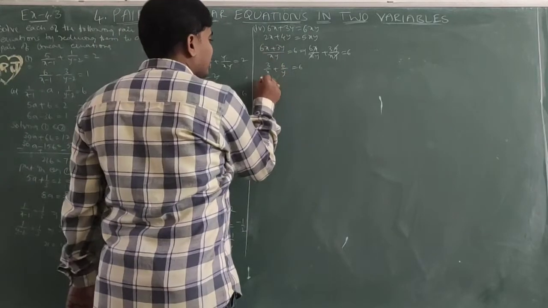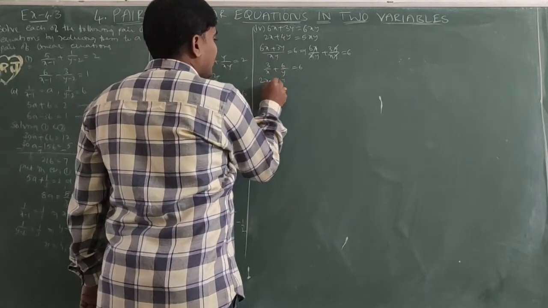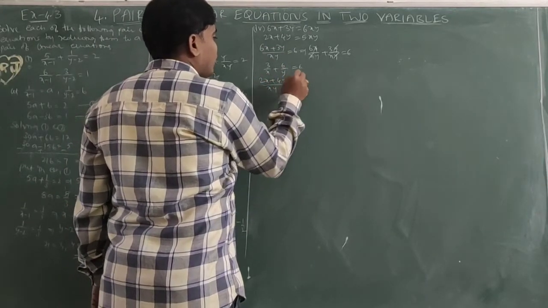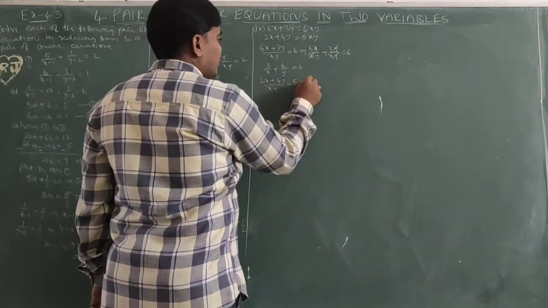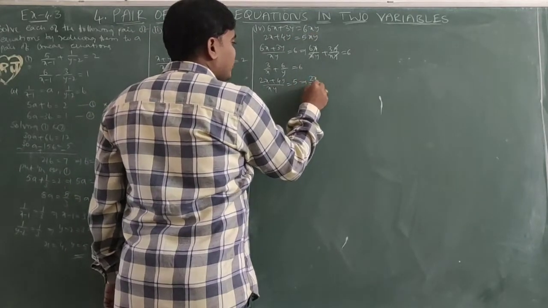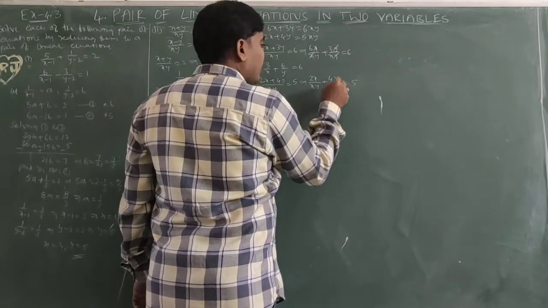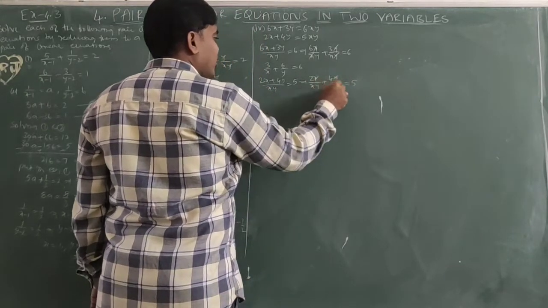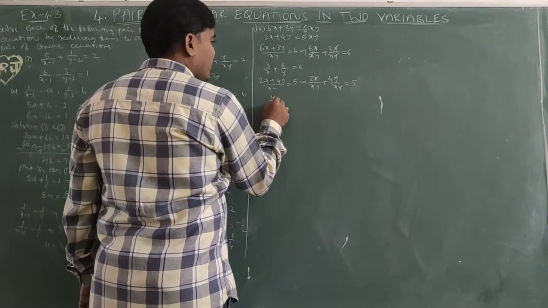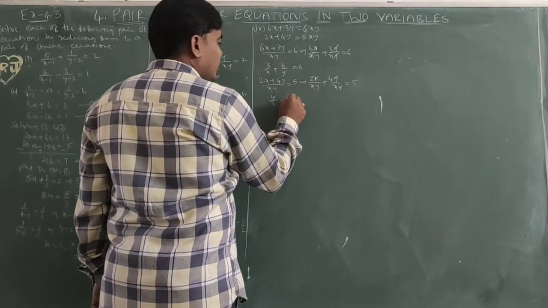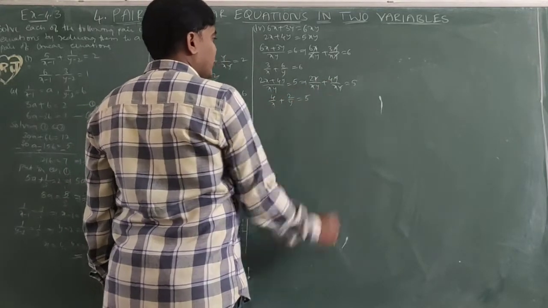Next, (2x plus 4y) by xy equal to 5. Divided by xy, so 2x by xy plus 4y by xy equal to 5. y cancels, x cancels. So 4 by x plus 2 by y equal to 5.